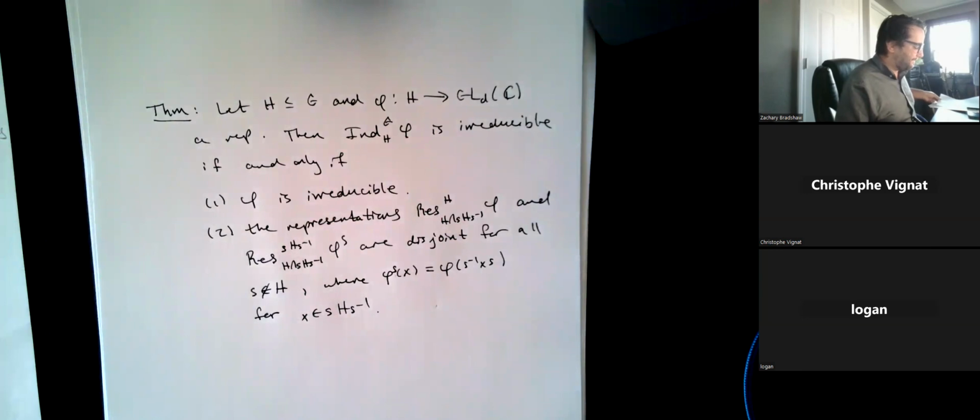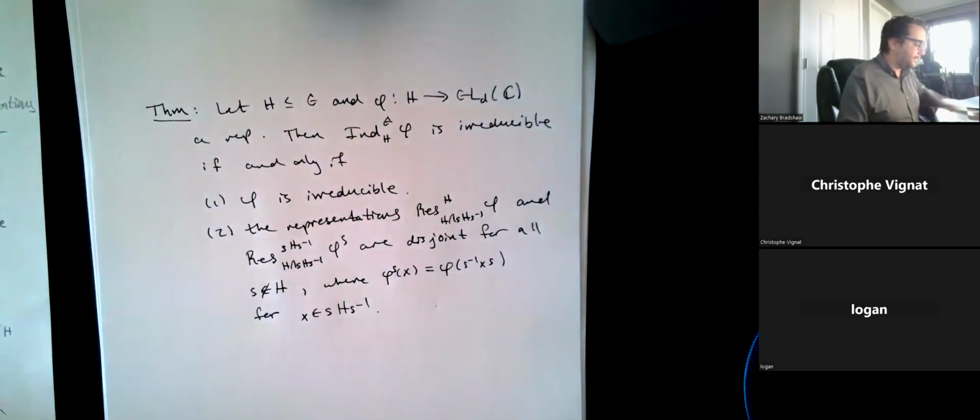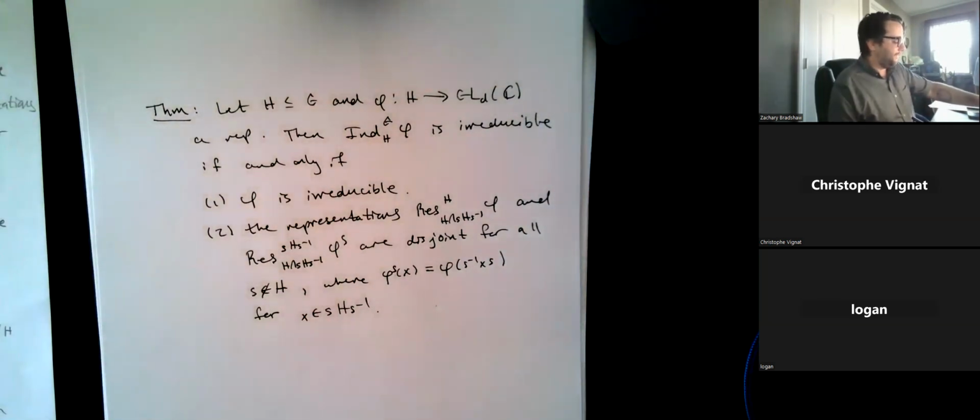Okay, proof's in the book. It uses the previous theorem. And this is the criterion. And I just want to point out one thing before we go.